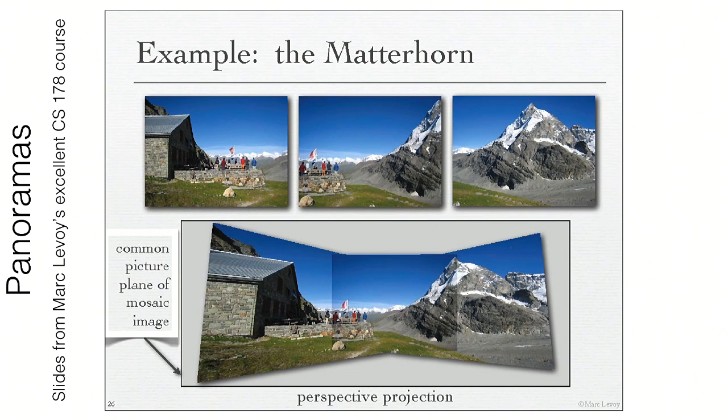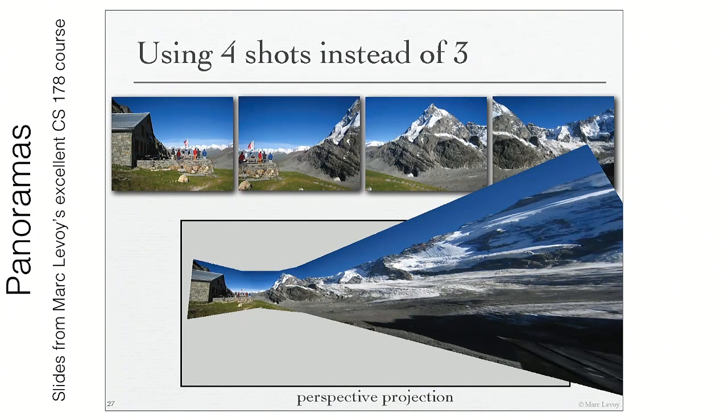However, if you add in a 4th image now, and this picture is taken from a wider angle, wider than 120 degrees, you start getting these weird views. Because after all, where do you place this single plane to project all of these images onto?